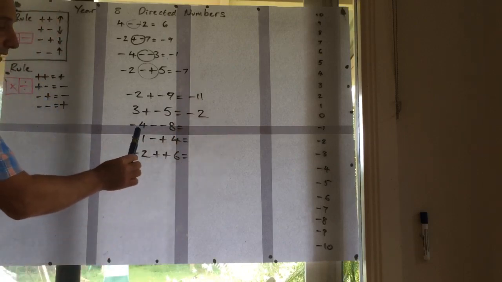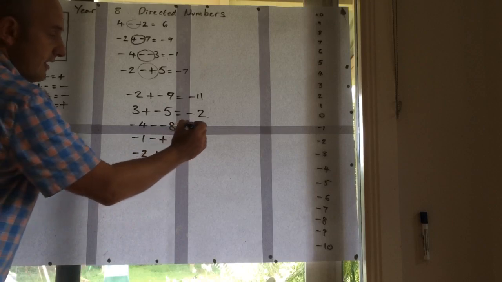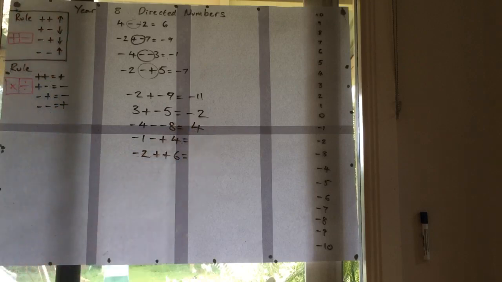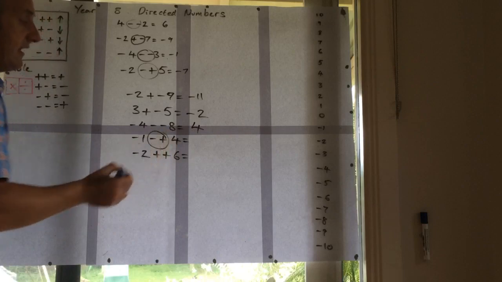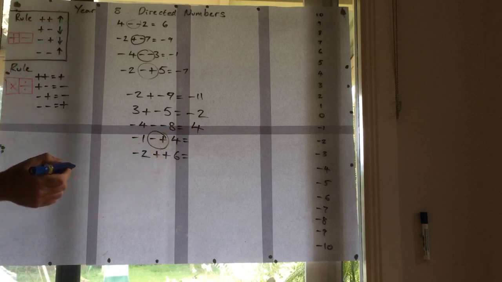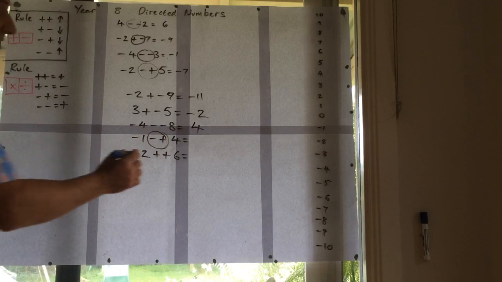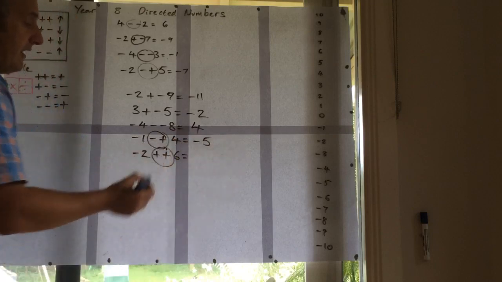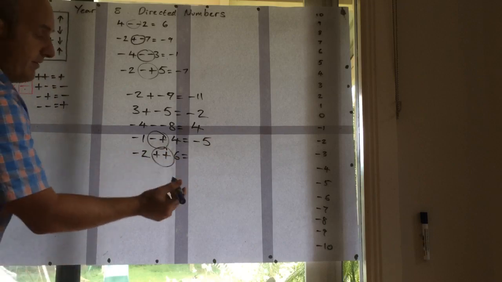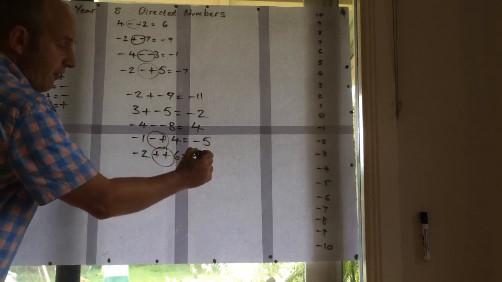This one here, negative 4, we're going up 8 places. Give yourself a big pat on the back if you got 4. Here, negative 1, we're going down 4 places, so that means we're at negative 5. And here, we're going up, negative 2, up 6. Well, that's going to take us to 4.